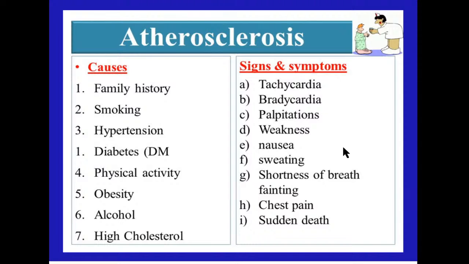And what are the symptoms and signs of atherosclerosis? Of course, these are different cardiac attacks. These are shortness of breath, nausea, heaviness, weakness, palpitation, bradycardia, tachycardia, so problems with cardiac rhythm. Actually, it is difficult to recognize that all of these different symptoms are really due to atherosclerosis.